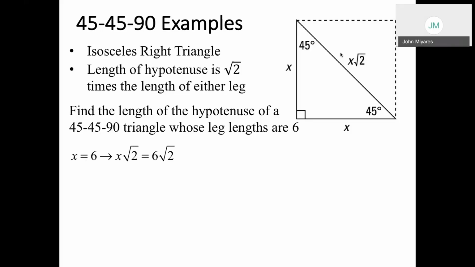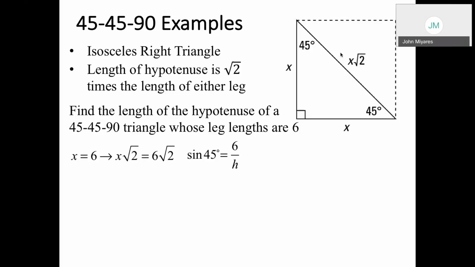We could also try to solve this out using the rules of SOHCAHTOA. Knowing the leg is 6 and the hypotenuse is unknown, we could say that the sine of 45 degrees, or for that matter, the cosine of 45 degrees, equals the leg length 6 over the hypotenuse.